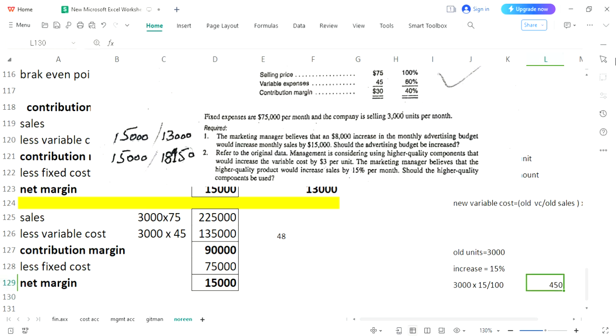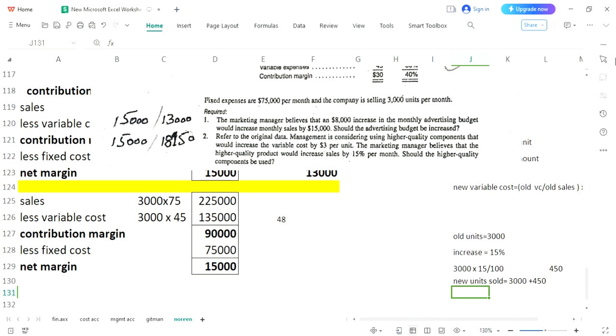So old units he was selling 3000. There will be an increase of 450. So how many new units would be sold? You were selling 3000 units, and now 450 more units. Finally, how many units would be sold? 3000 plus 450, so the total number of units sold would be 3450.